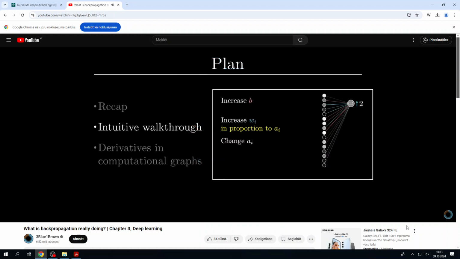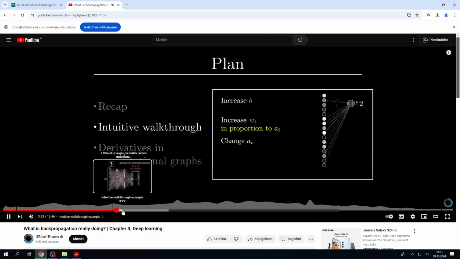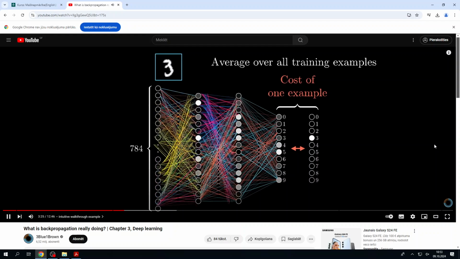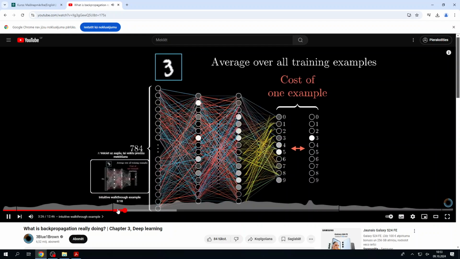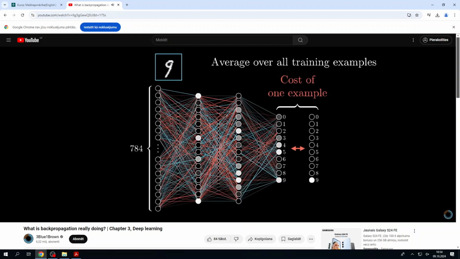So I'm going to start things off here with a complete disregard for the notation and just step through those examples. The way that we adjust the weights and biases for a single example is having a certain cost per example over all the tens of thousands of training examples.